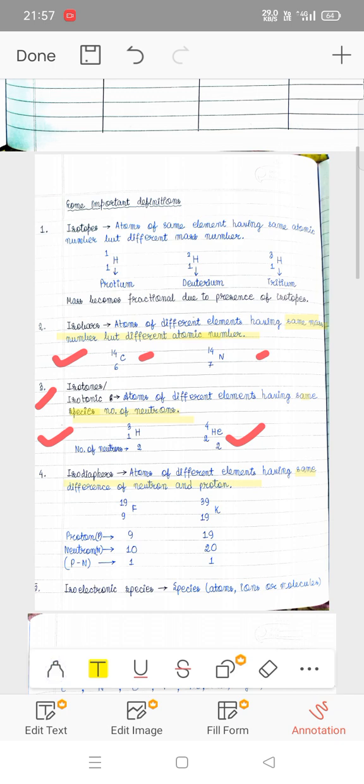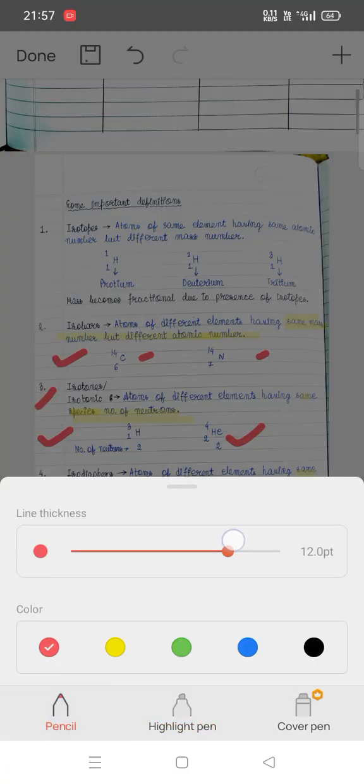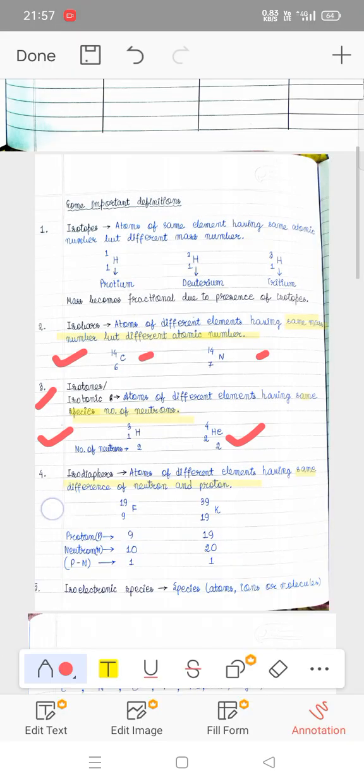We will take an example. See fluorine, 19,9 F, where 19 is the mass number and 9 is the atomic number, and potassium 39,19 K. What is the number of protons in fluorine? 9, and potassium 19.